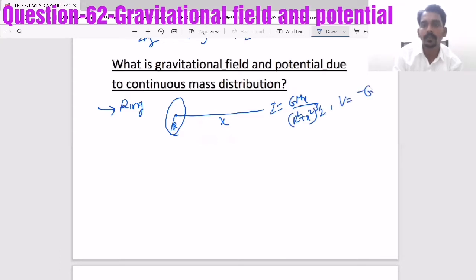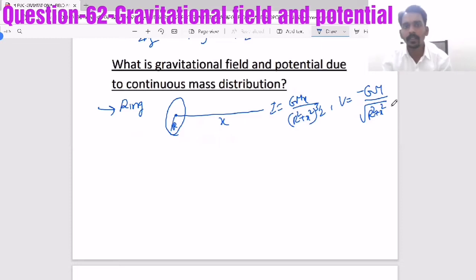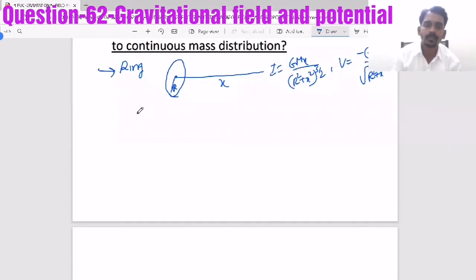Then gravitational potential will become minus GM by under root r square plus x square. So this is the gravitational field and potential due to the uniformly distributed ring, like a circular coil.